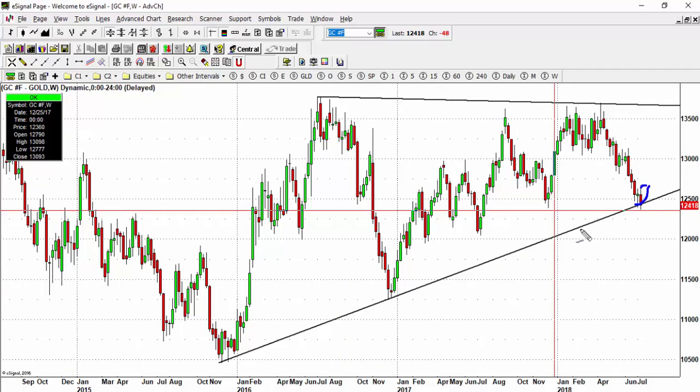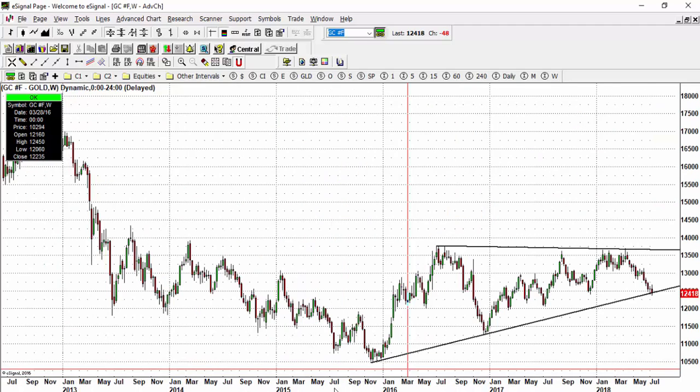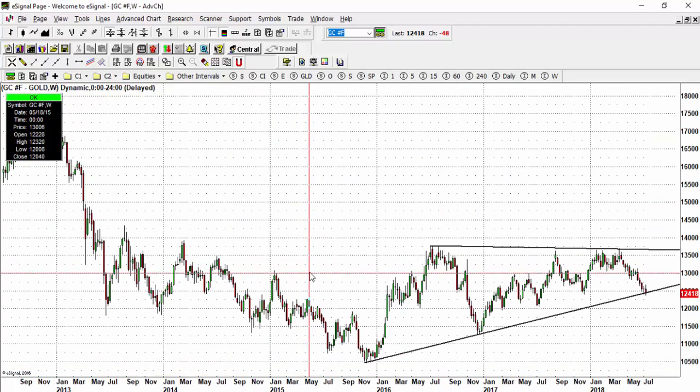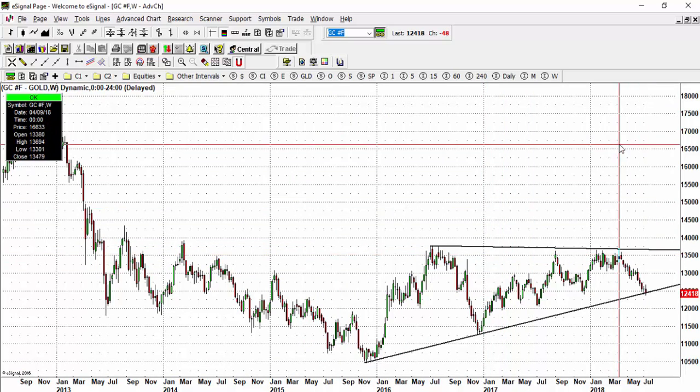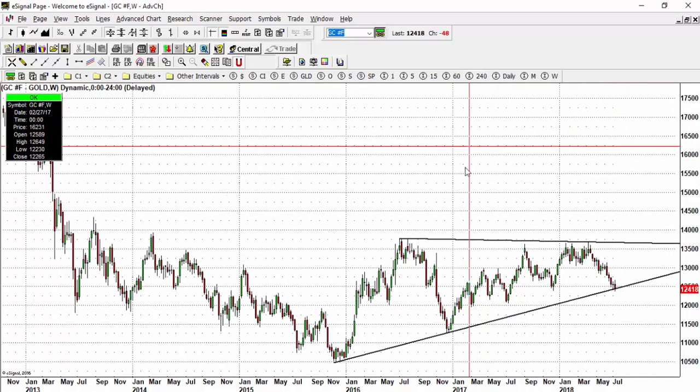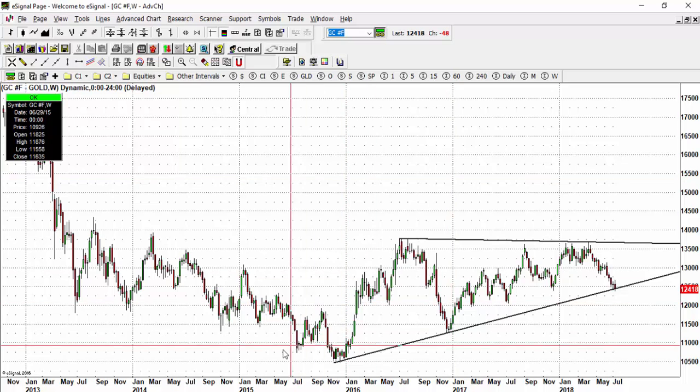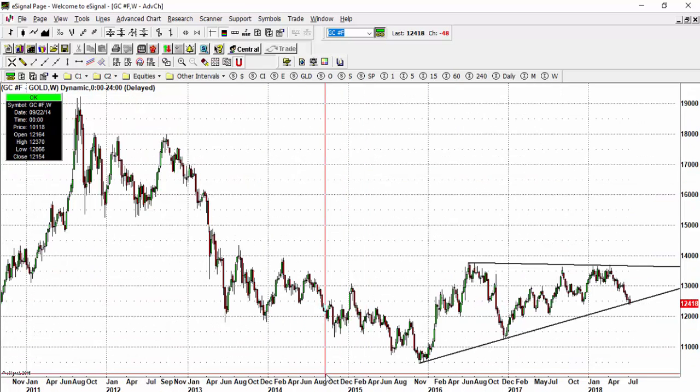If it can rebound, and we have resistance at the 1,241, if it can rebound above this level and challenge the higher 1,350, if we can break out of this triangular consolidation pattern, that would be very bullish for gold, and it could definitely signify a turnaround situation for gold. So this is something we're going to pay attention to also. But remember, the average investor is seeing that gold is moving down, they're not interested in it.